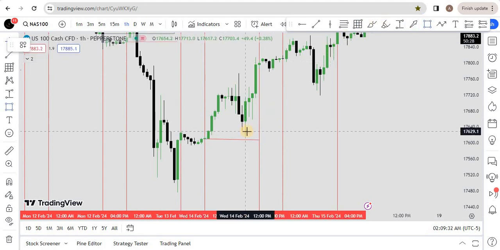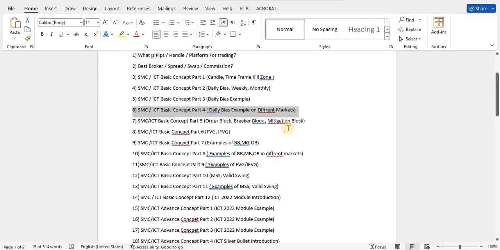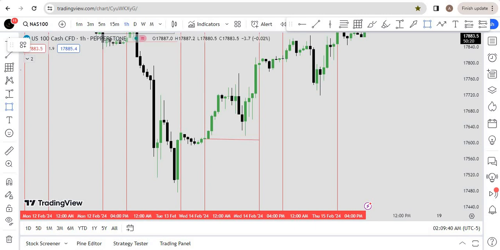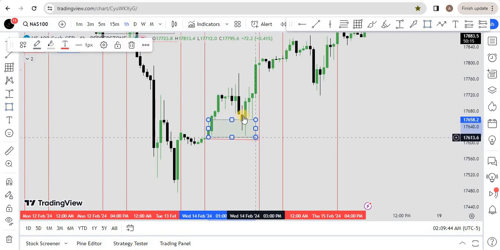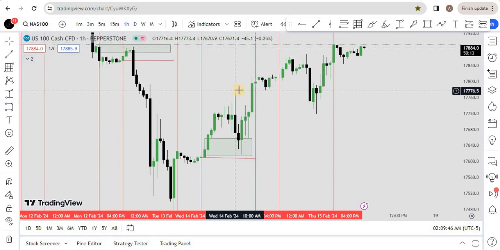You see that, 12 p.m. So what is 12 p.m.? If you know my lecture number 3, where I explained the kill zone hours, we only focus on our kill zone time. So price comes to some type of fair value gap and goes to the upside, to the opposite side liquidity, but we only focus on our kill zone hours, and that's all.